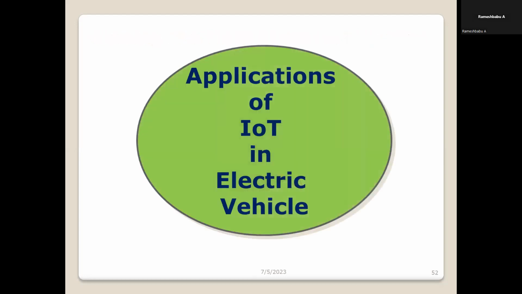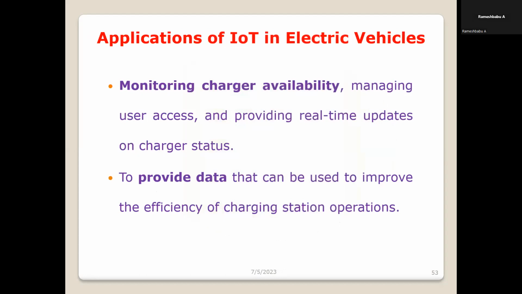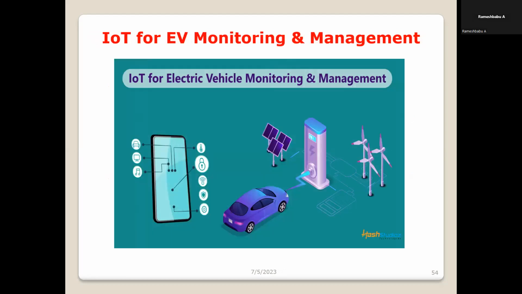Okay, so how are IoT applications used in electric vehicles? Mainly, we may use it to monitor charger availability and provide data. This is IoT for EV monitoring and management systems. Battery management is the main research going on here.